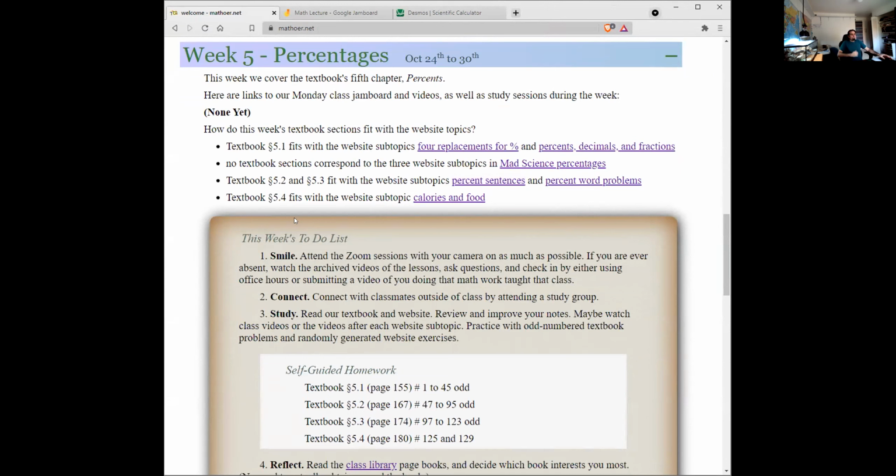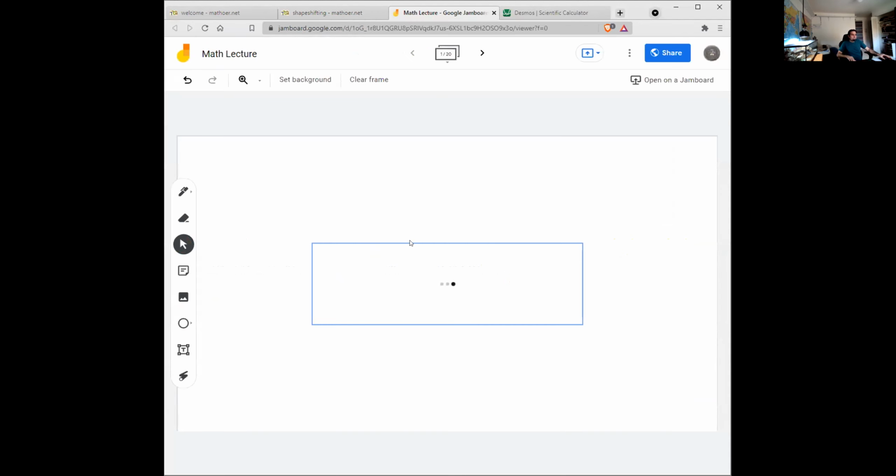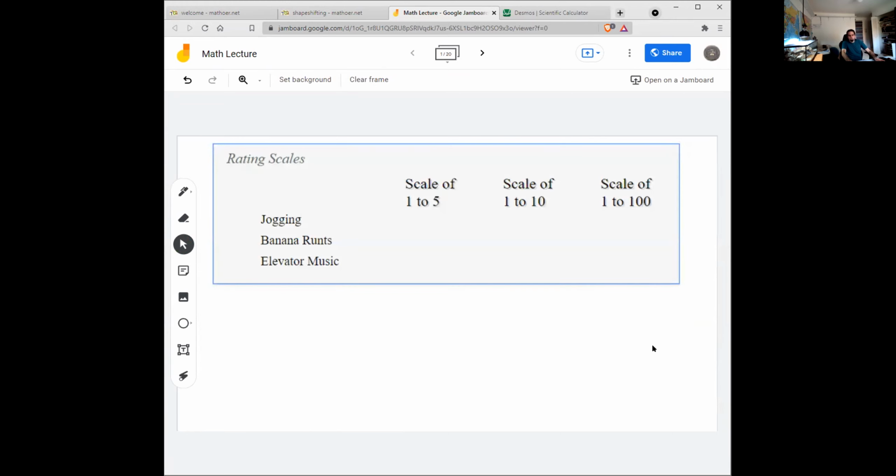The first thing we have to talk about is just how percents work. So let's start with that. If I have a rating scale, let's move this onto our Jamboard. Let's talk about how much we like things. Let's rate jogging on a scale of 1 to 5.